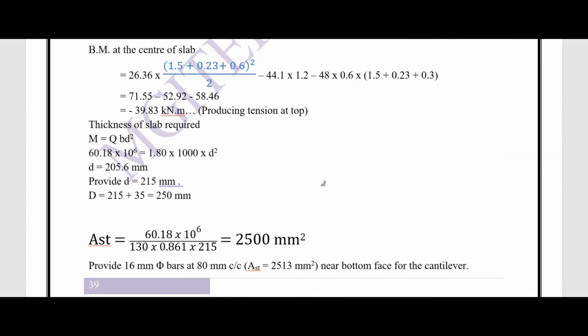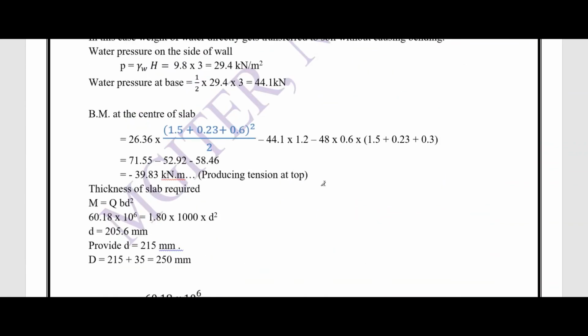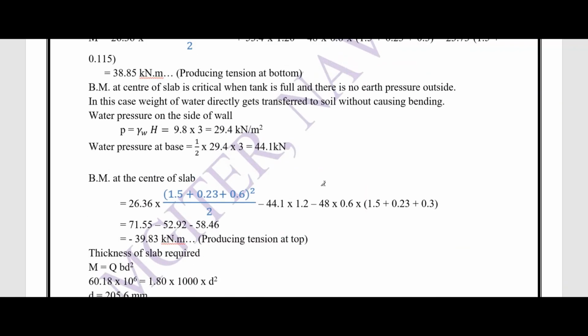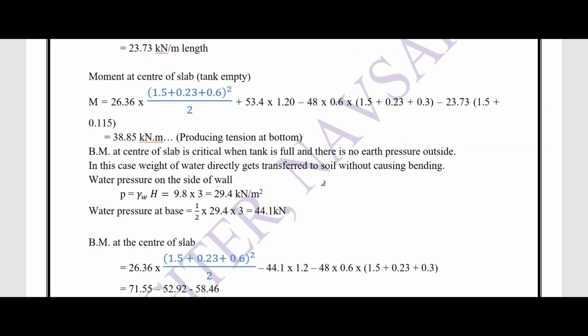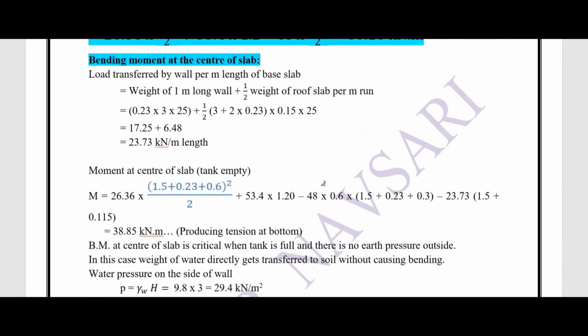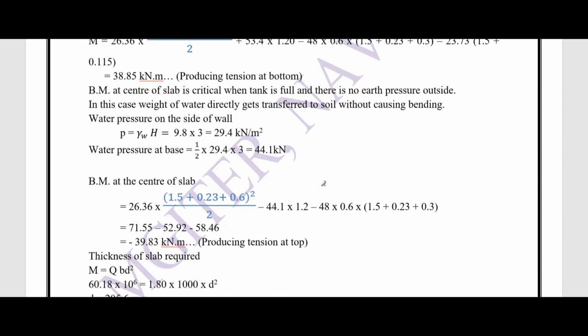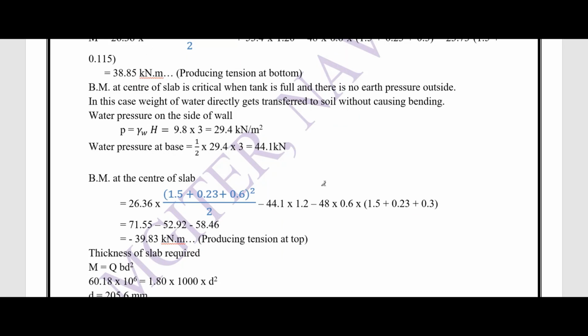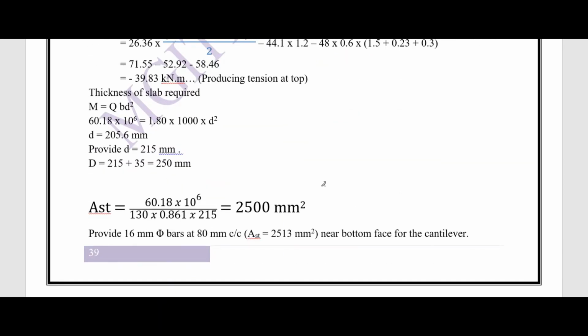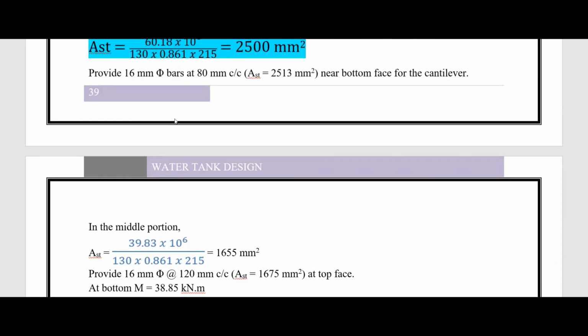We discussed this example the same as the previous rectangular on the ground tank, same method. We calculate the moment at the center, and by the bending moment we use M equal to Qbd square to find the depth. Then for AST, provide 16 mm dia at 80 mm center to center in the middle portion.